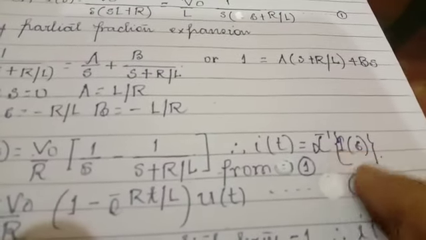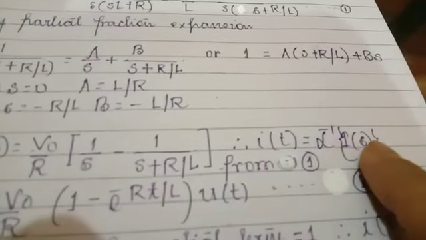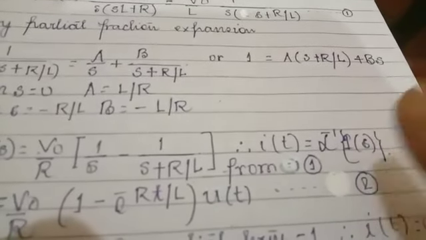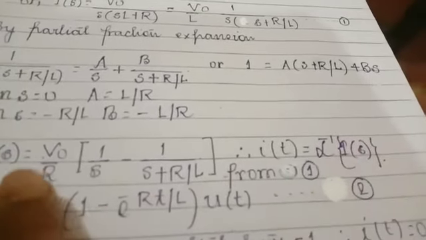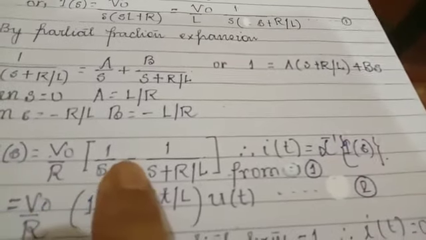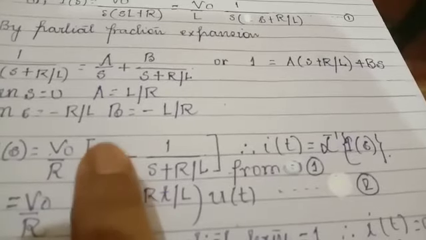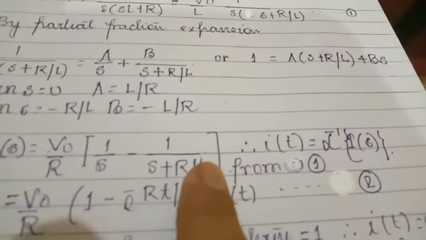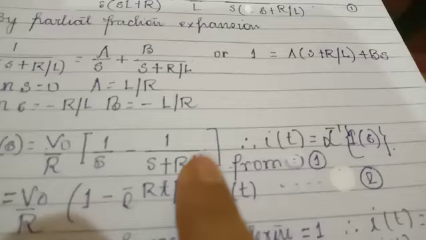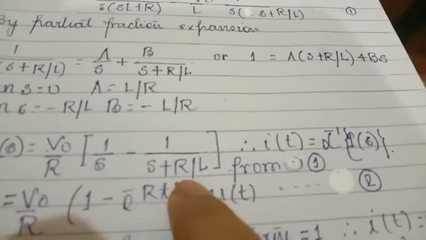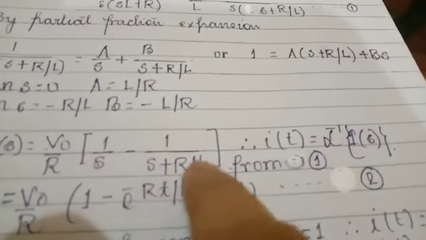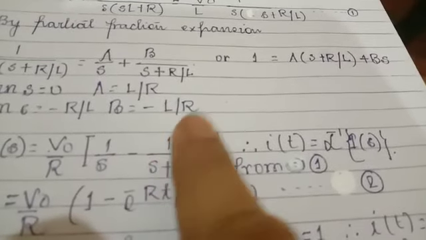In order to find the inverse Laplace transform of any function of S, what we need to do is express each individual factor in such a way that we know which time function this factor is the Laplace transform of.